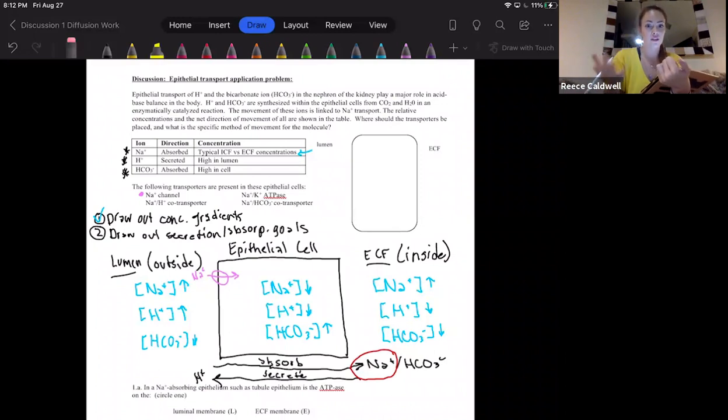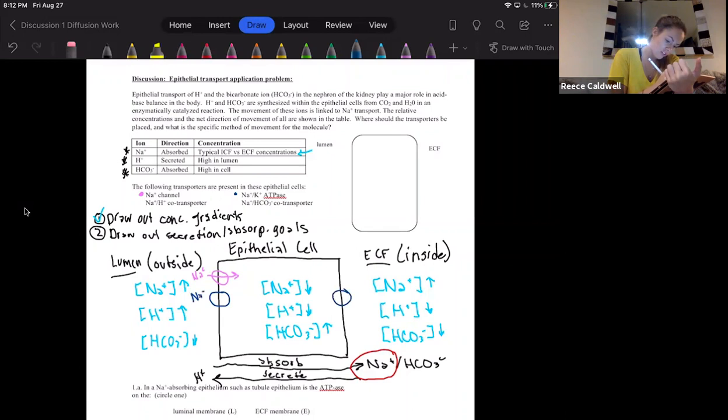So words we can look for here are ATP, of course. As you can see, we have a transporter called the sodium potassium ATPase transporter. So let's go ahead and label it on our cell.